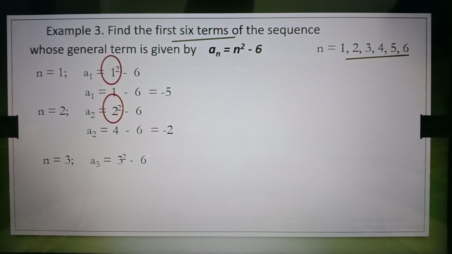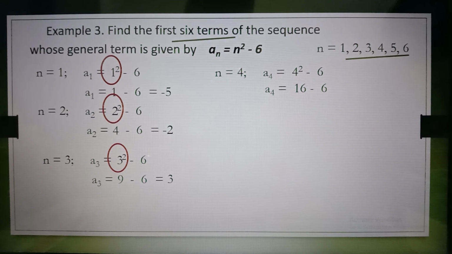Then find first the value of 3 squared, that is 3 times 3, which is 9 minus 6 equals 3. And when n is 4, we have 4 squared minus 6. Again, 4 squared is 16. Minus 6 will give you 10.